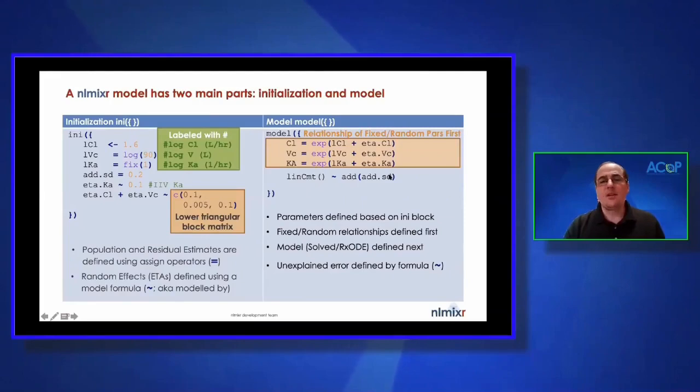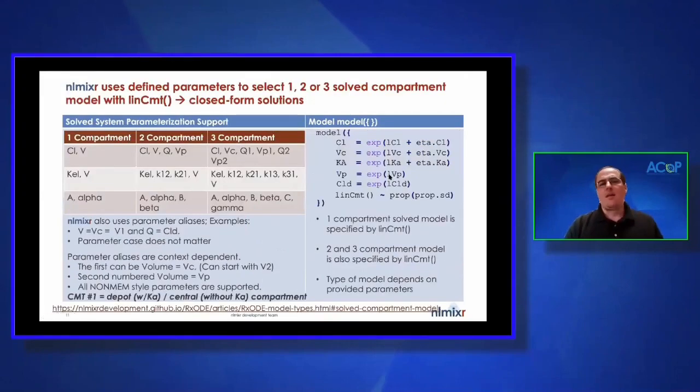This linear compartmental model can be solved, and it imputes the type of compartment model that you are looking at based on the parameters in your model. So in a simple expansion from what we had before, where we had a one compartment model, we simply add VP and CLD to be able to have a two compartment model. It's pretty simple, it's intuitive, and it probably is doing the right thing.